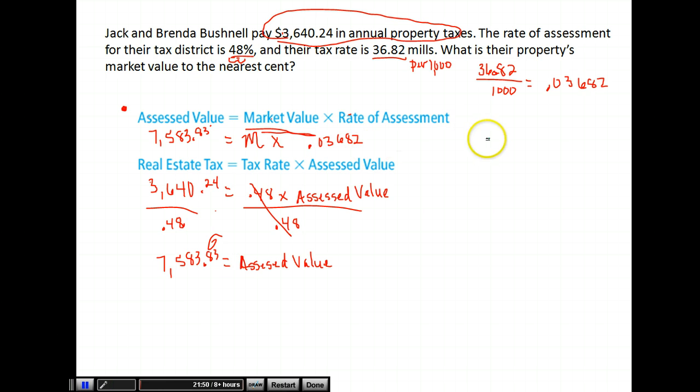Okay, so what equation do I have? I have $7,583.83 equals the market value times 0.03682. I want to solve for my M, my market value. So I'm going to divide both sides by 0.03682.